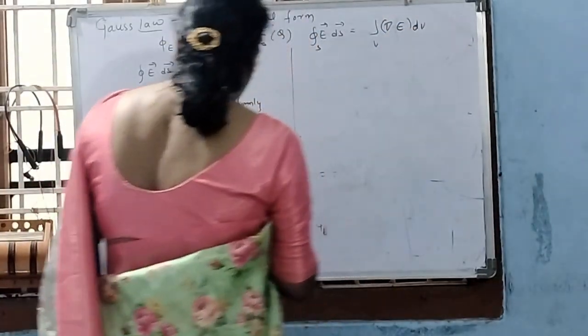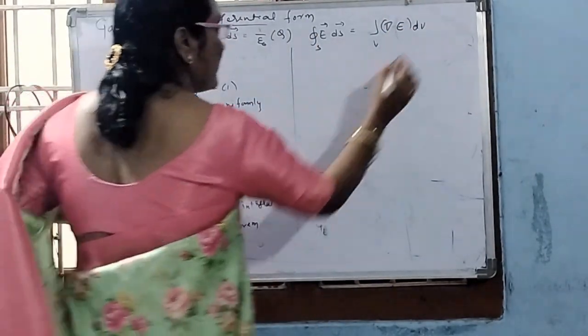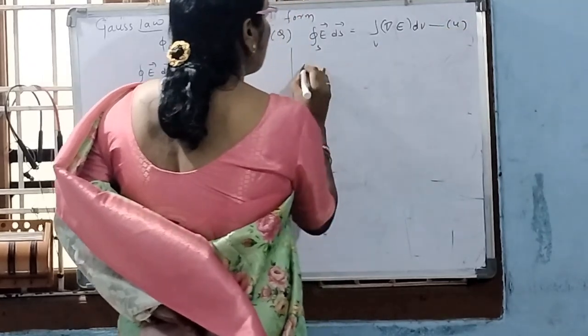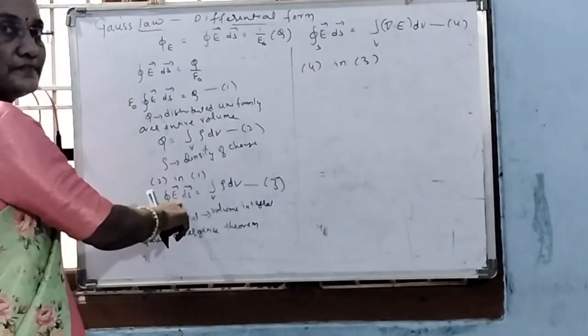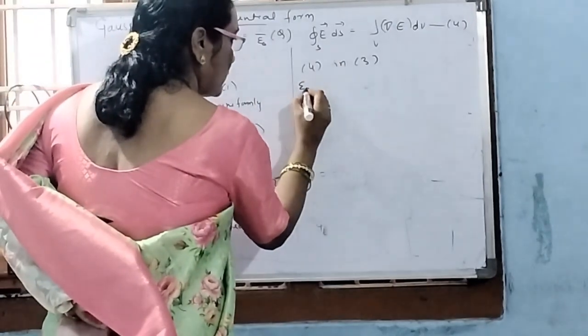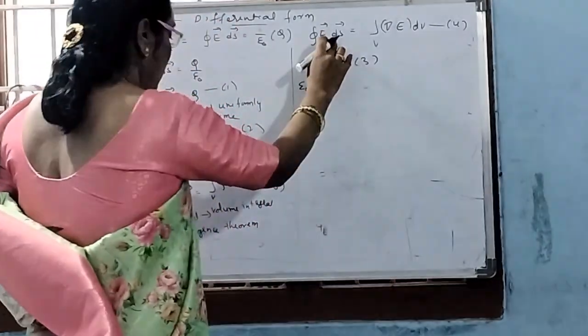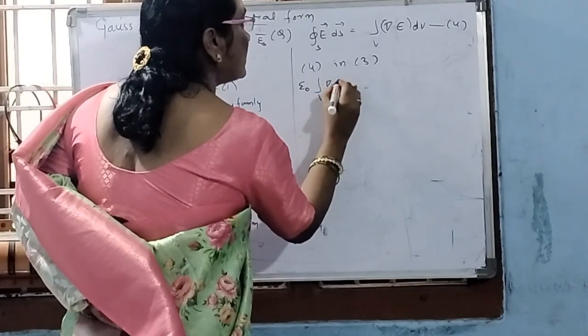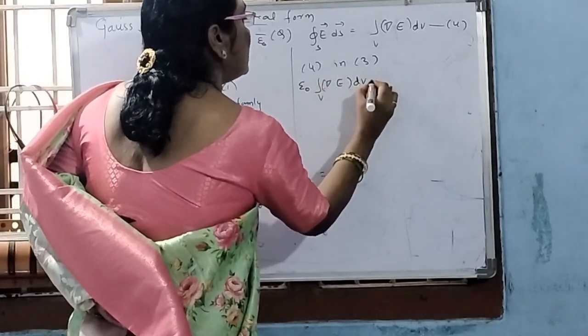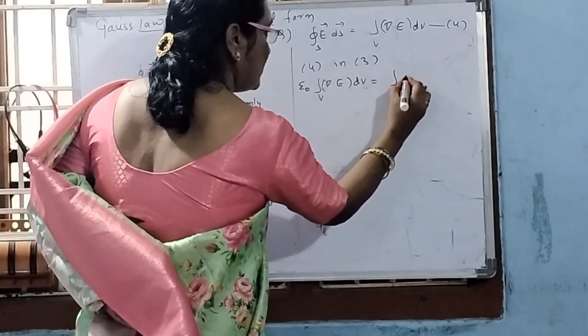Let it be equation 3, and now put 4 in 3. So epsilon naught times the volume integral del dot E dV is equal to the volume integral rho dV.